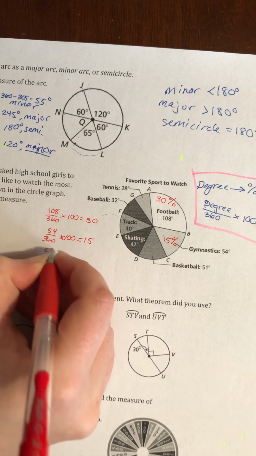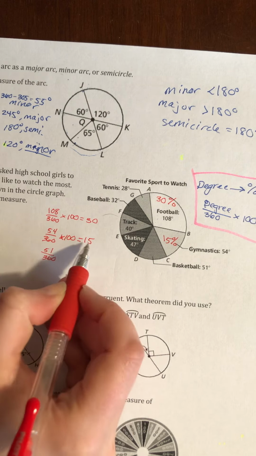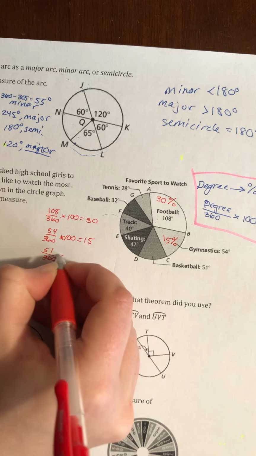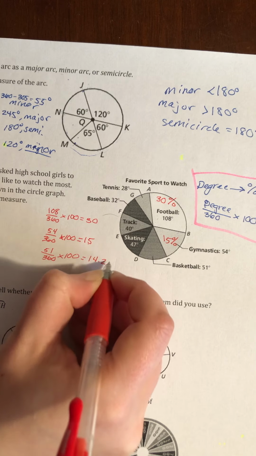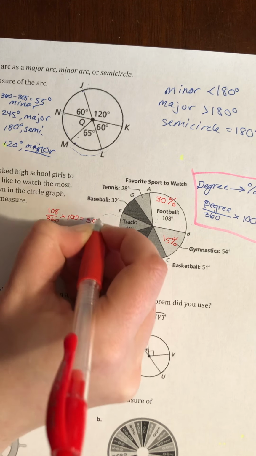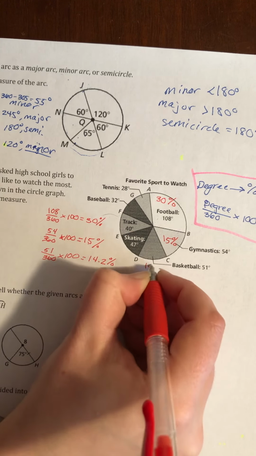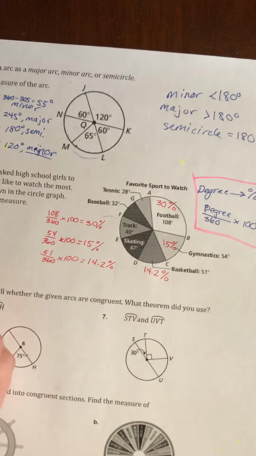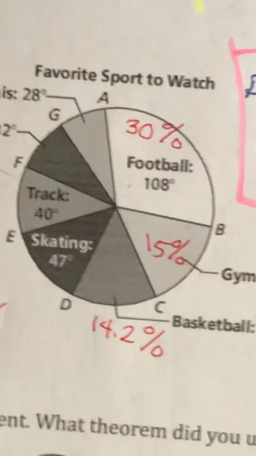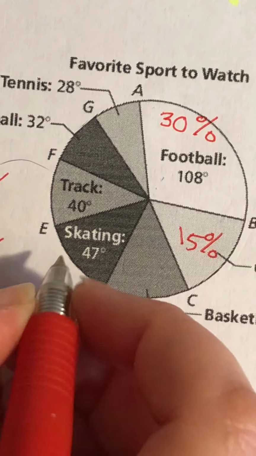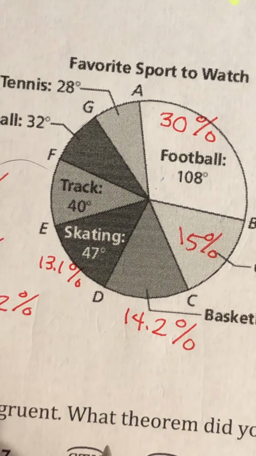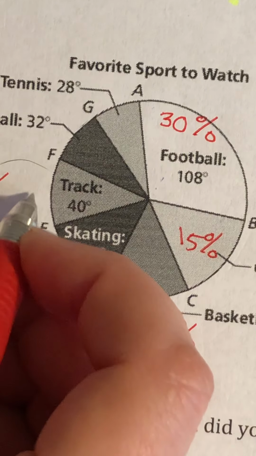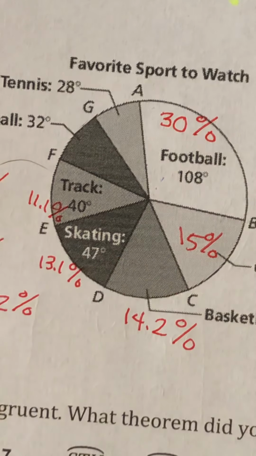Basketball, 51, so we expect it to be a little less than 15%. That is going to give us 14.2. All right, and I'm going to do just the rest of these. 47 is 13.1%. Track is 11.1%.